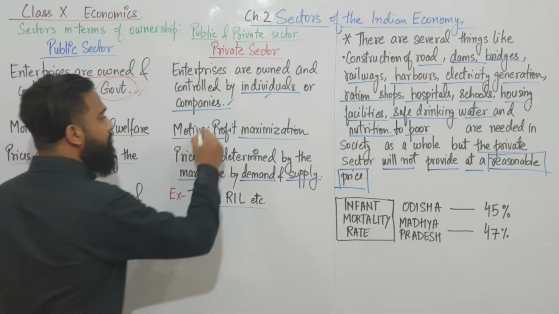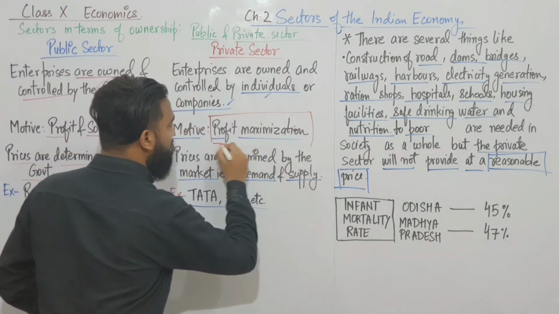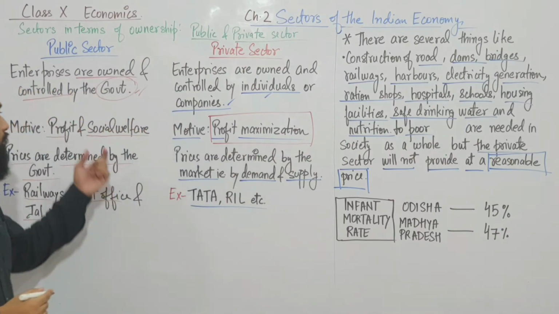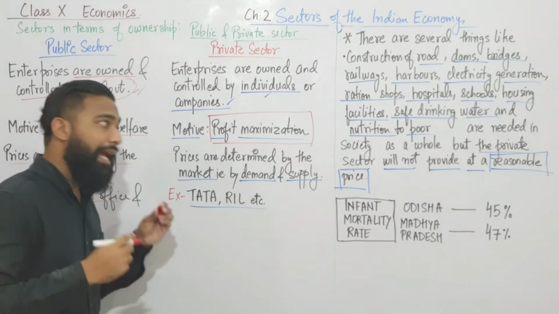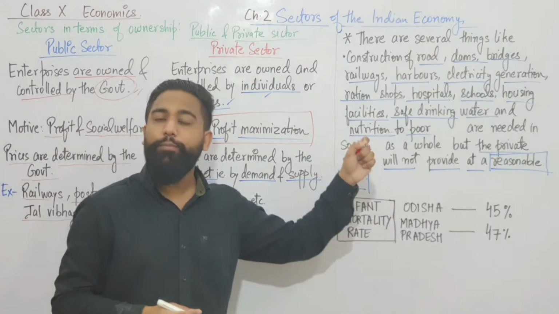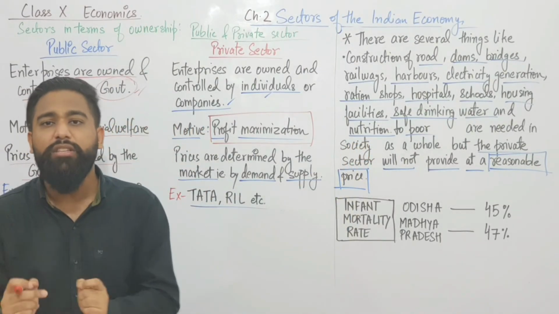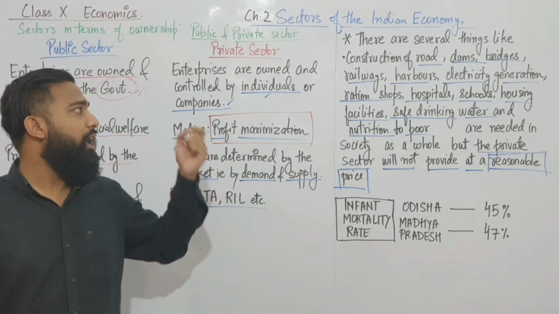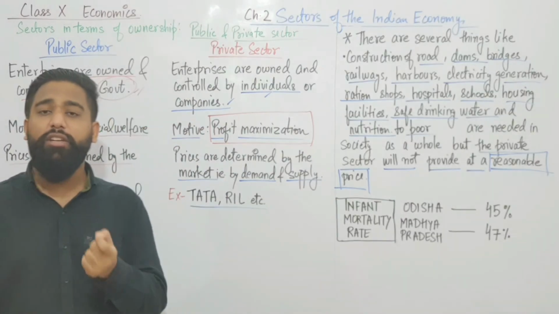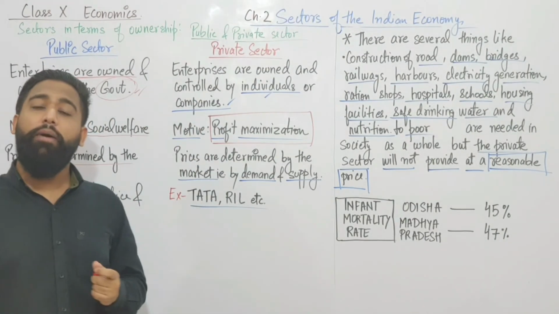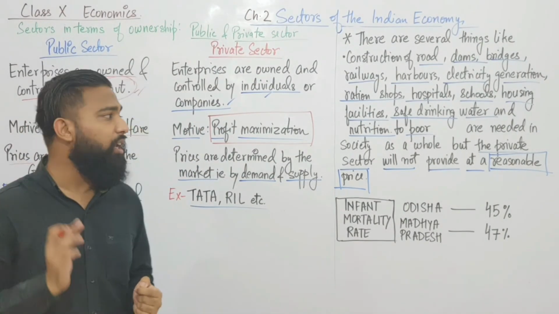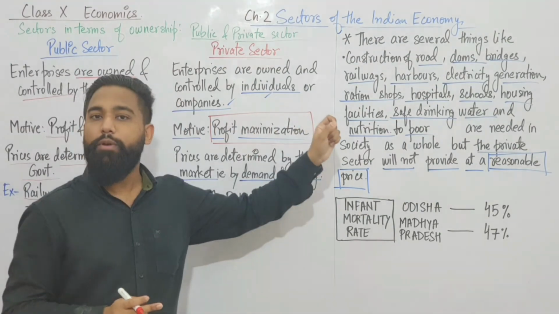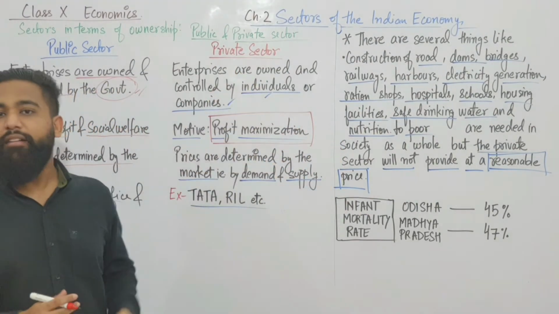Why? Because their motive is profit maximization and not social welfare. That's why the government provides the basic essential commodities, essential requirements and essential facilities which are required by each and every citizen of this country. That's why the government provides the public facilities.